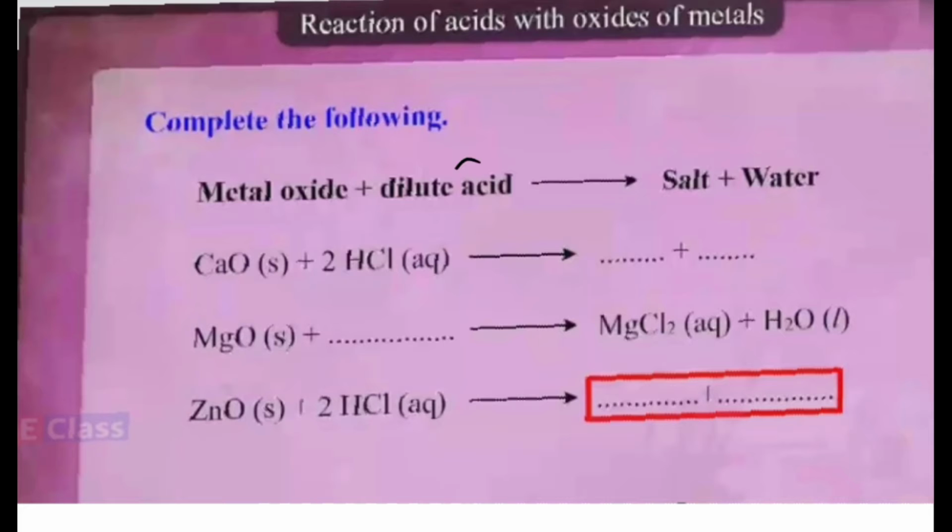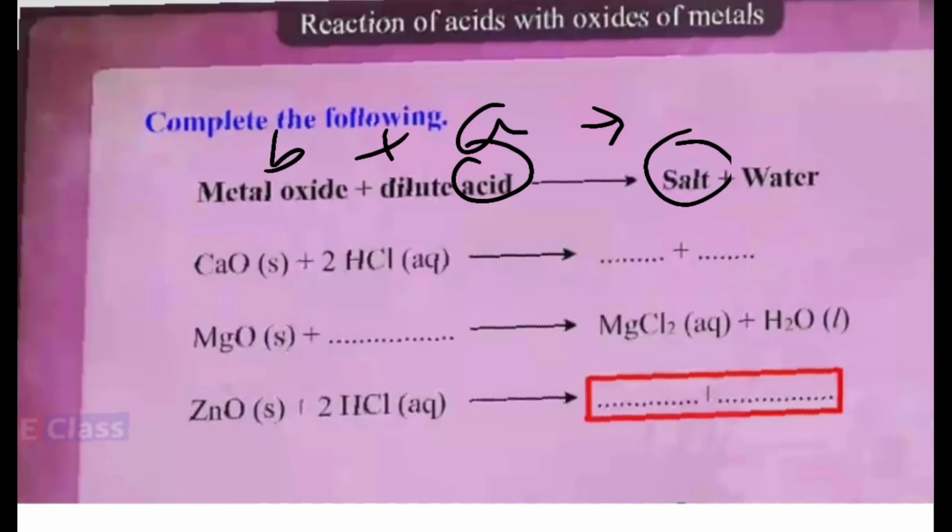See, dilute acid is there, salt is there, water is there. So it's like a neutralization reaction. Neutralization reaction, what we have is base plus acid gives you salt and water. So salt and water, same thing, same product. Acid is also there. So what can you conclude about the metal oxide? Yes, metal oxides are basic in nature.